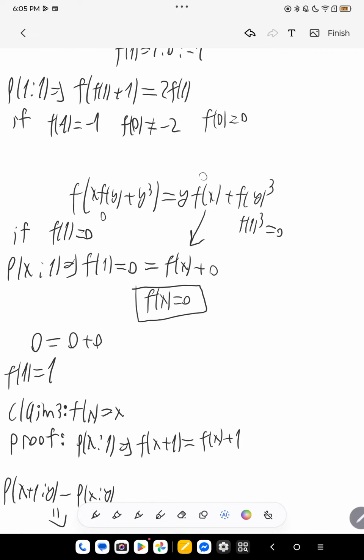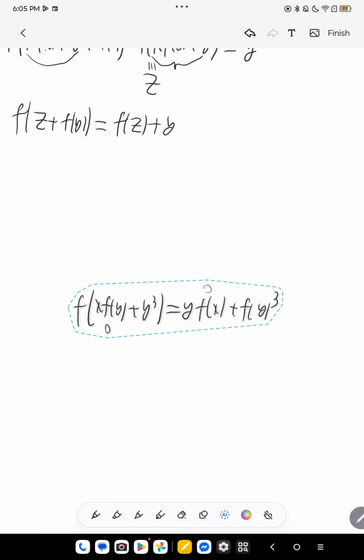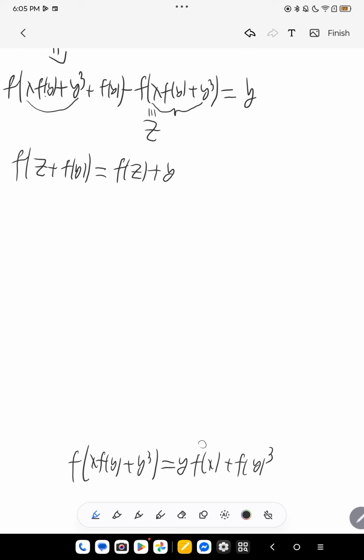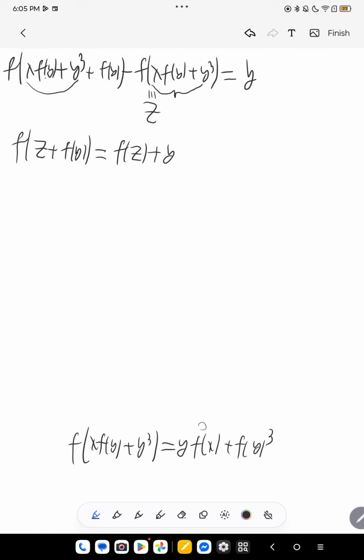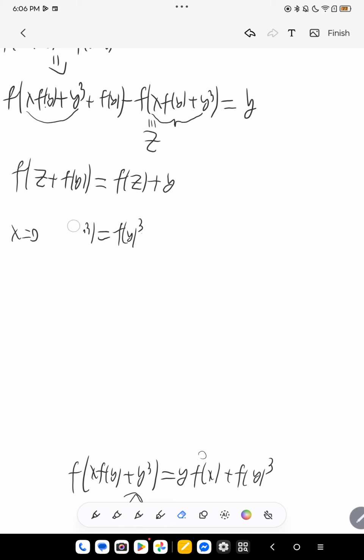So let's copy this. So we should get that if x equals 0 in this, we get f(y cubed) equals f(y) cubed. Actually, we can just put x, 0 in this.